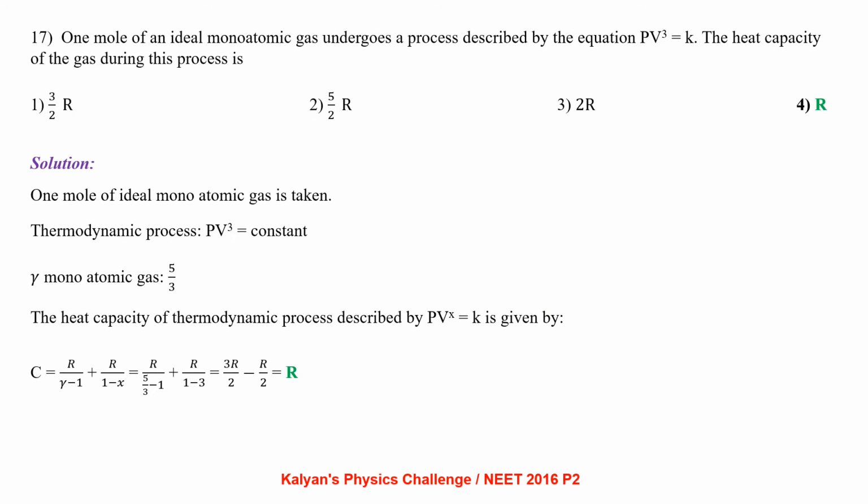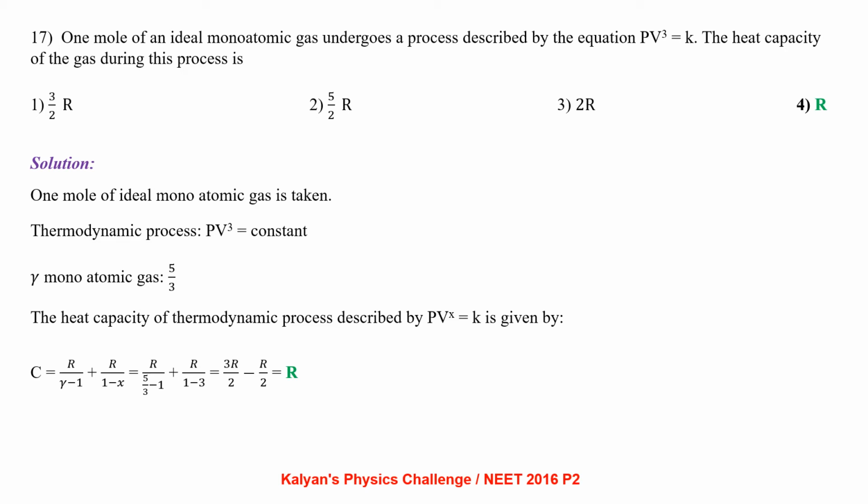1 mole of an ideal monoatomic gas undergoes a process described by the equation PV power 3 equal to constant. The heat capacity of the gas during this process is. Since it is given to be monoatomic ideal gas, gamma of monoatomic ideal gas is 5 by 3.